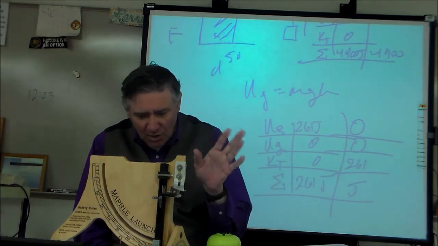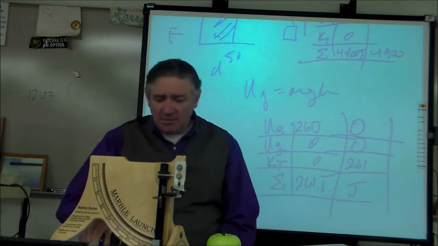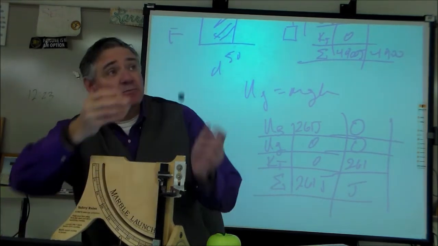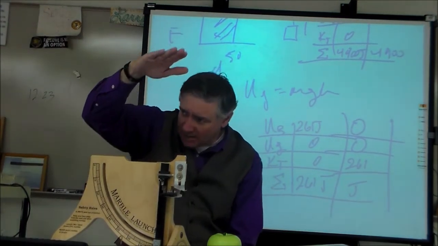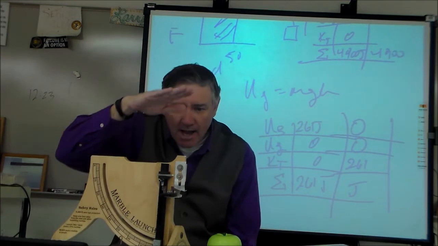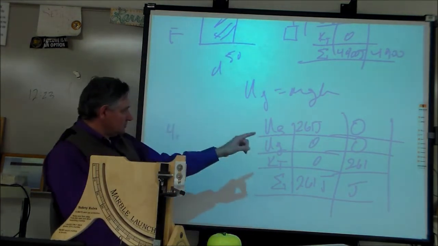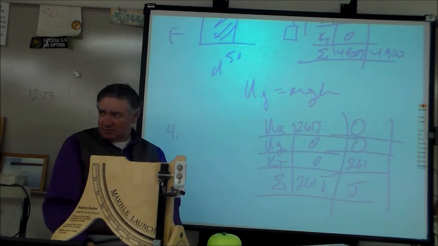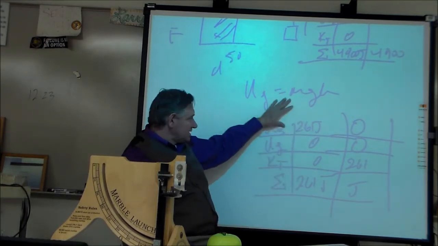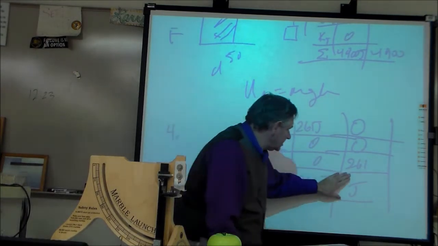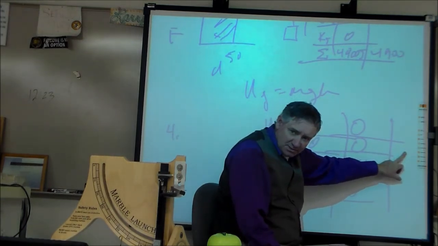Okay? Around 40. Now, when it reaches its maximum height, so I'm going to release this, boom. When that marble reached its maximum height, how much potential energy did it have? 261 joules. So I went from potential energy in the bow to kinetic energy to 261 joules of gravitational potential energy.